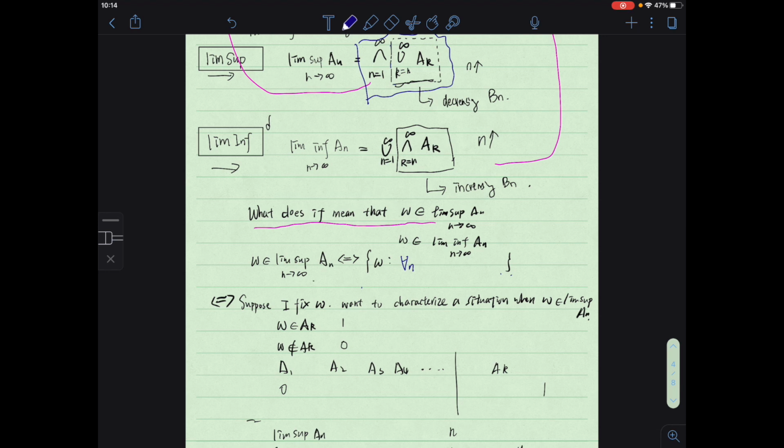And if we look at the second layer here, which is a union of sets.